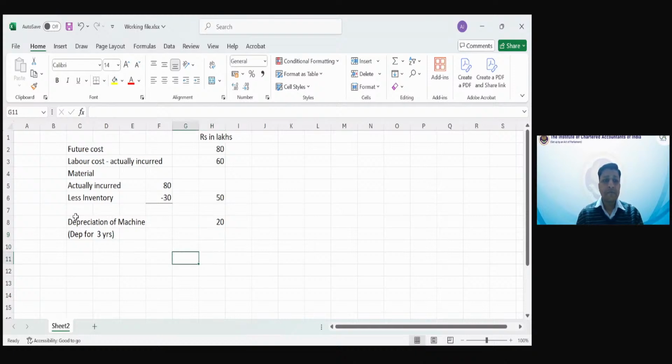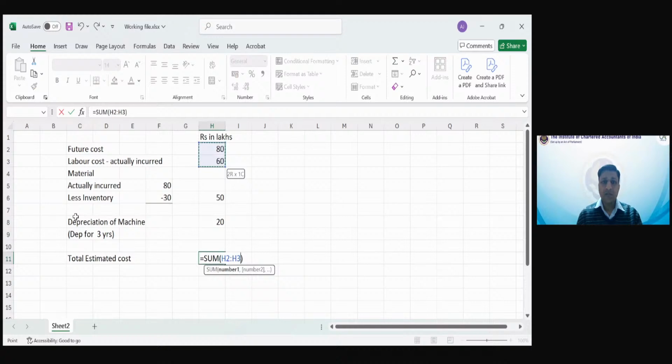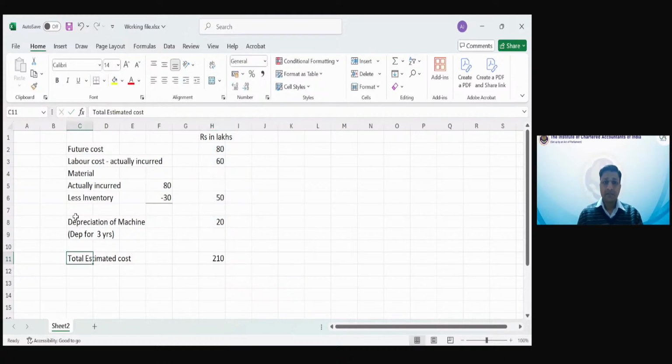So the total estimated cost will be the sum of all of these. And what is the contract revenue that is given to you? That is 200 lakhs.